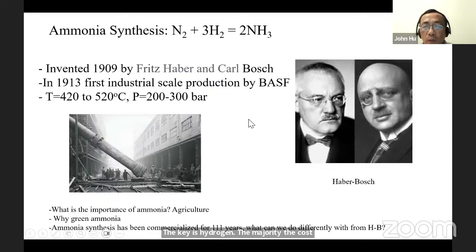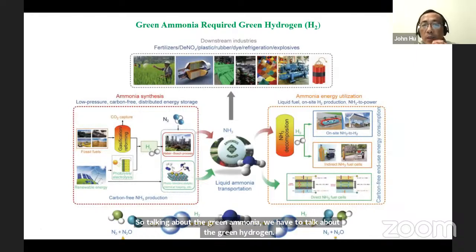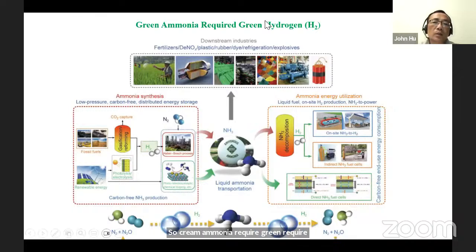So talking about green ammonia, we have to talk about green hydrogen. Make sense? Green ammonia requires, I'm sorry, there's a typo here, requires green hydrogen.